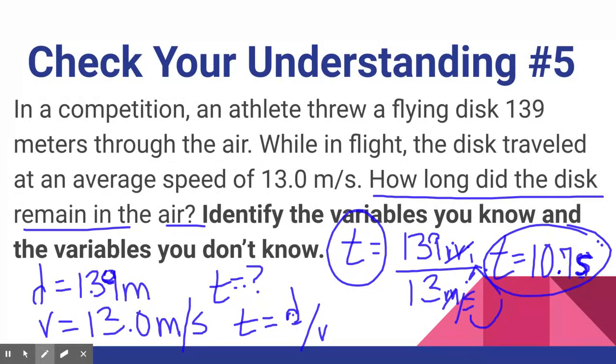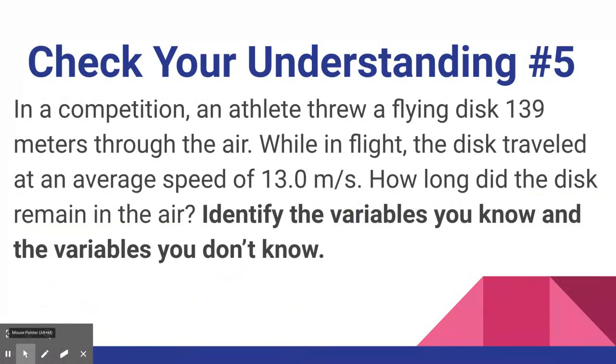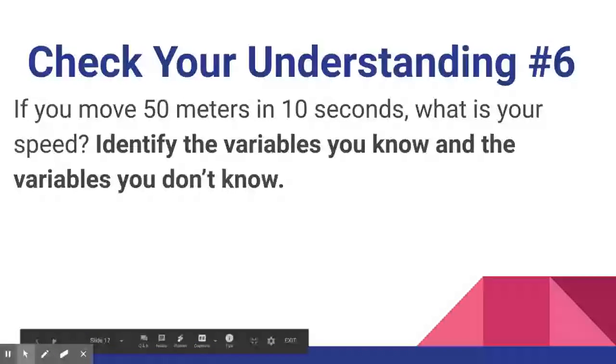I don't measure time in meters per second. I don't measure time in meters. I'm only measuring time in either seconds or hours. I shouldn't have those units in there. If I do, something's wrong. Either I've calculated something different or I accidentally put in the wrong units. So always be looking out for that and always make sure you have the correct units when solving for these.